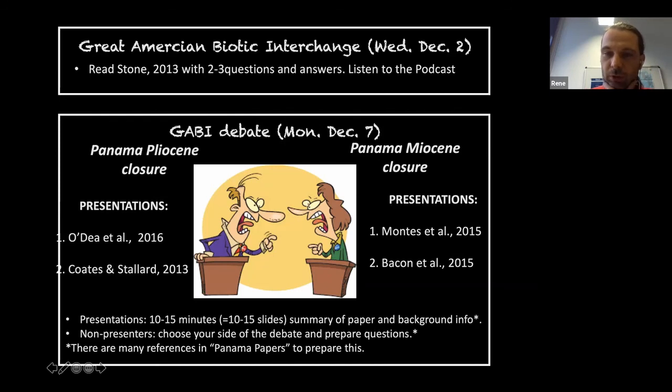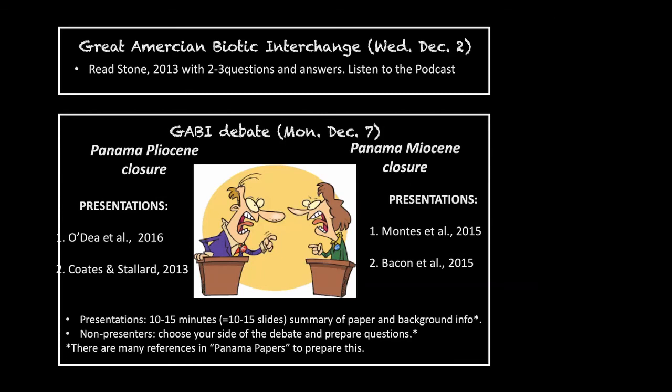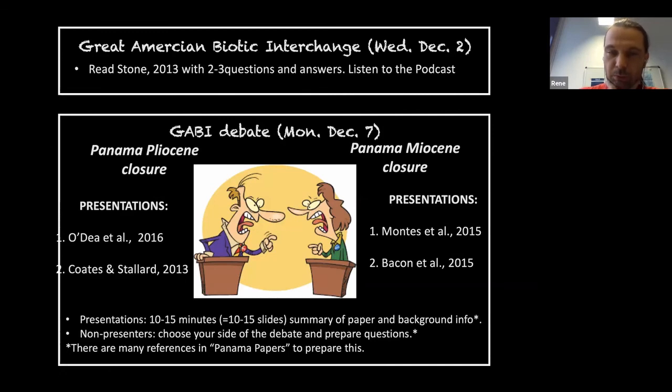There's no other way we can do this. Everyone should at least present a paper once. So you can choose 1 paper. Now, these are all about the Great American Biotic Interchange. The exercise you have to do, which Guillaume posted on Moodle, is due next Monday.